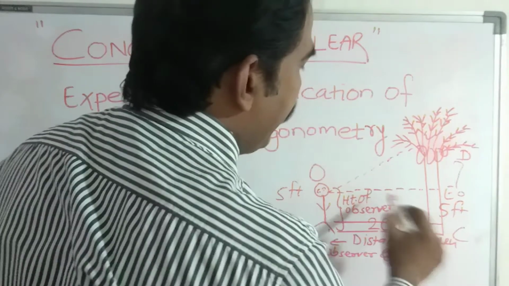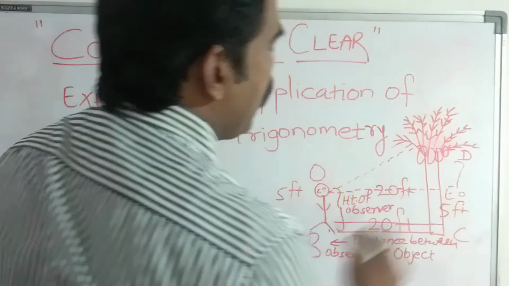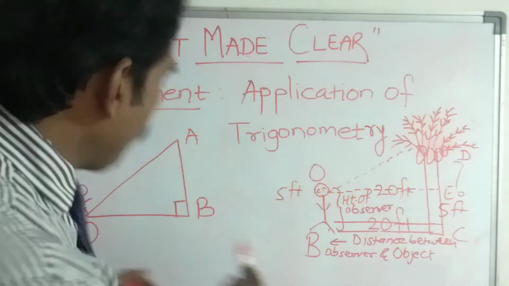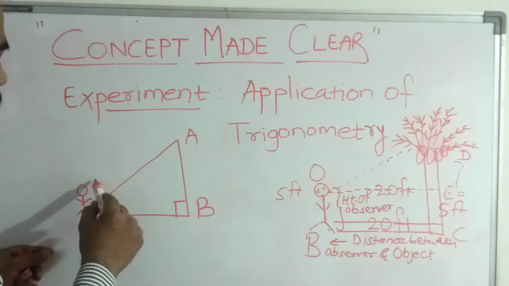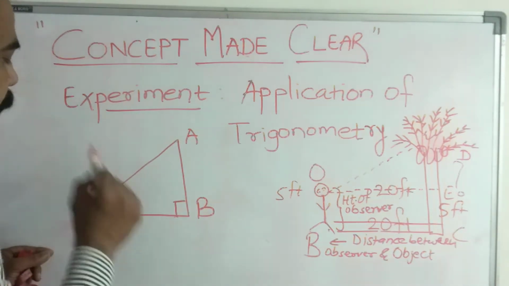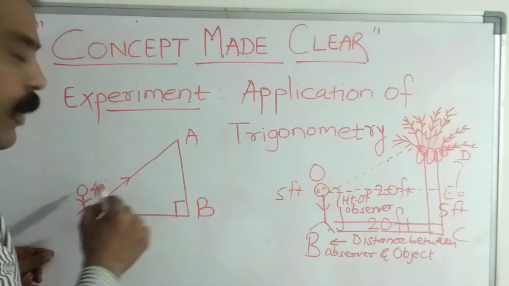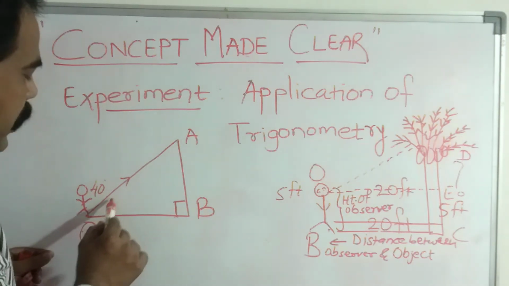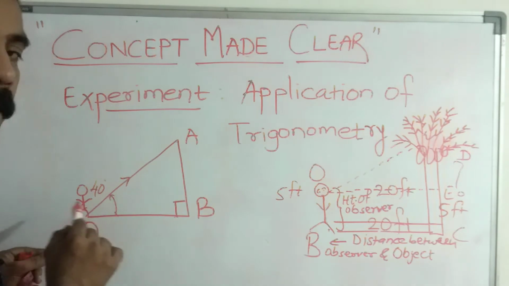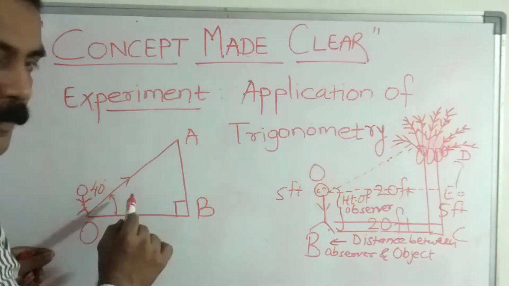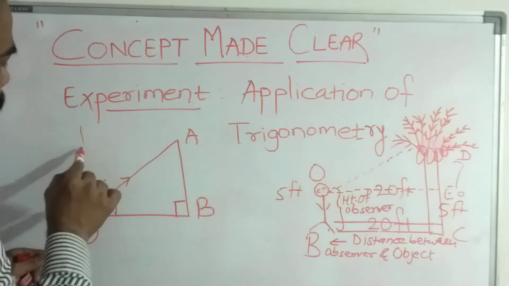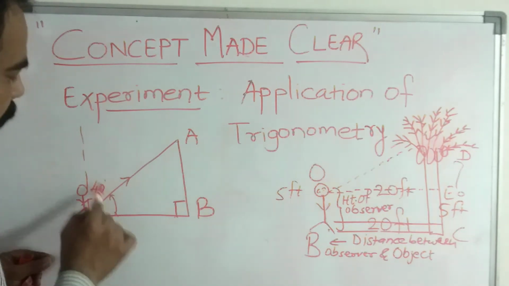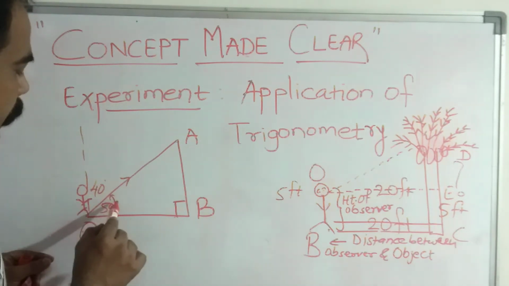If this is 20 feet, this is also 20 feet. With the help of our inclinometer, we have measured, say for example, the angle of elevation as 40 degrees. We'll find the angle inside the triangle we are going to use. This is a perpendicular, so this is the complementary angle. If this is 40 degrees, this will become 50 degrees.